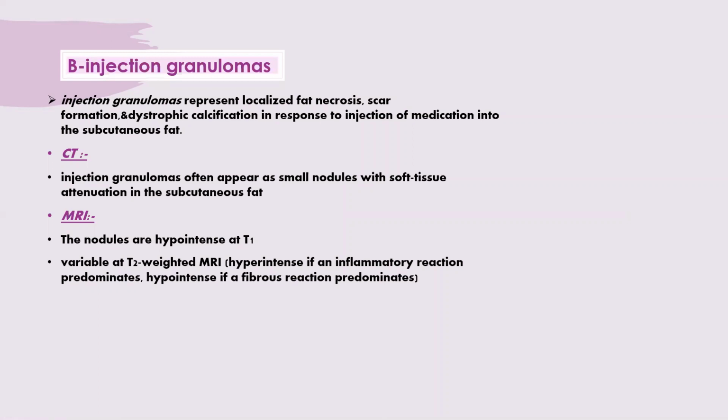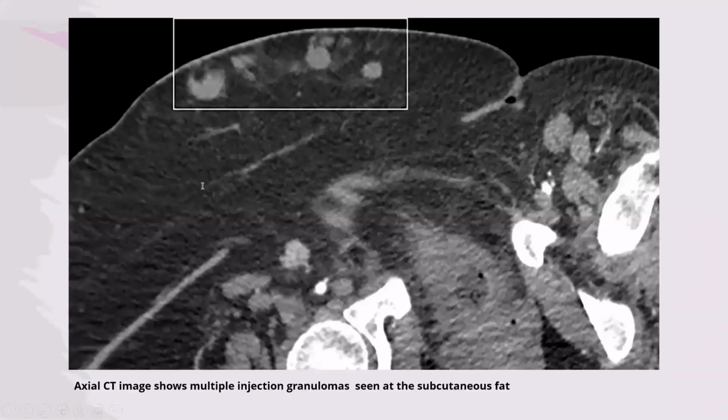On MRI, the nodules are hypointense on T1, variable on T2 weighted MRI, hyper if an inflammatory reaction predominates, hypo if fibrous reaction predominates. This is an axial CT image showing multiple injection granulomas seen in subcutaneous fat.